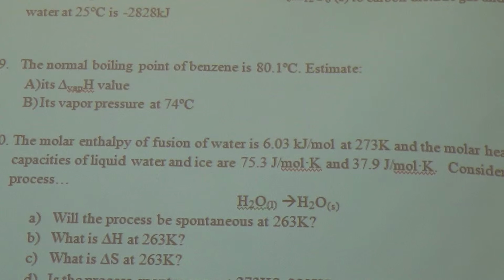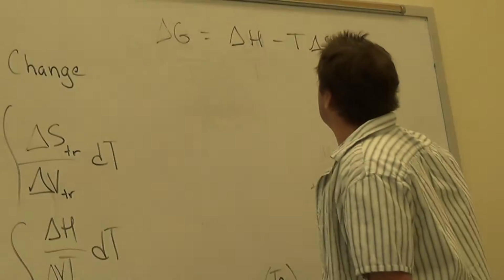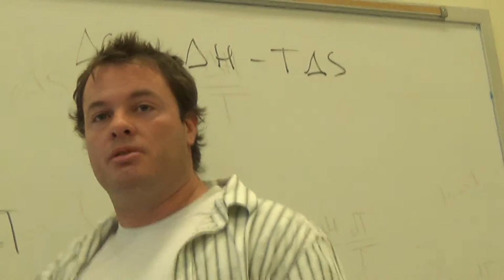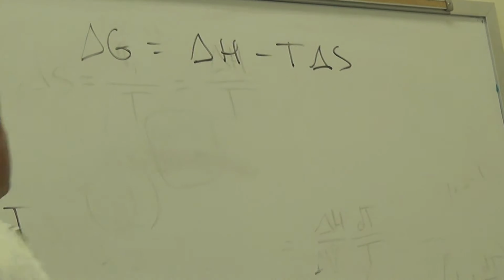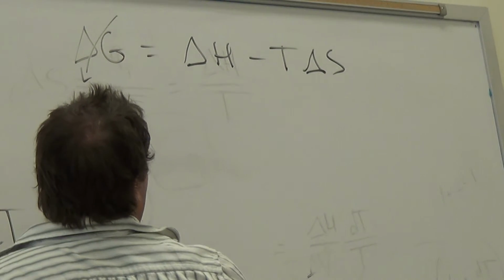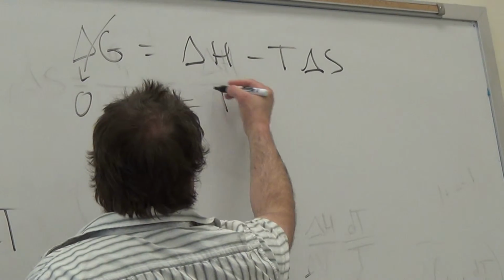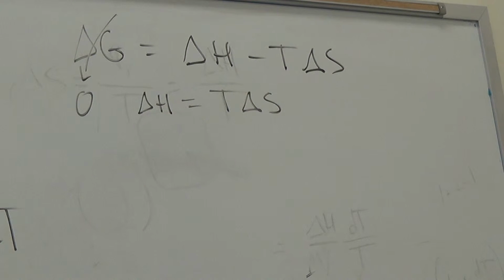What they're getting at is that you're going to use the equation delta G is equal to delta H minus T delta S. At equilibrium, at the boiling point, what is delta G? 0. So that goes to 0, and then you can say that delta H is equal to T delta S.